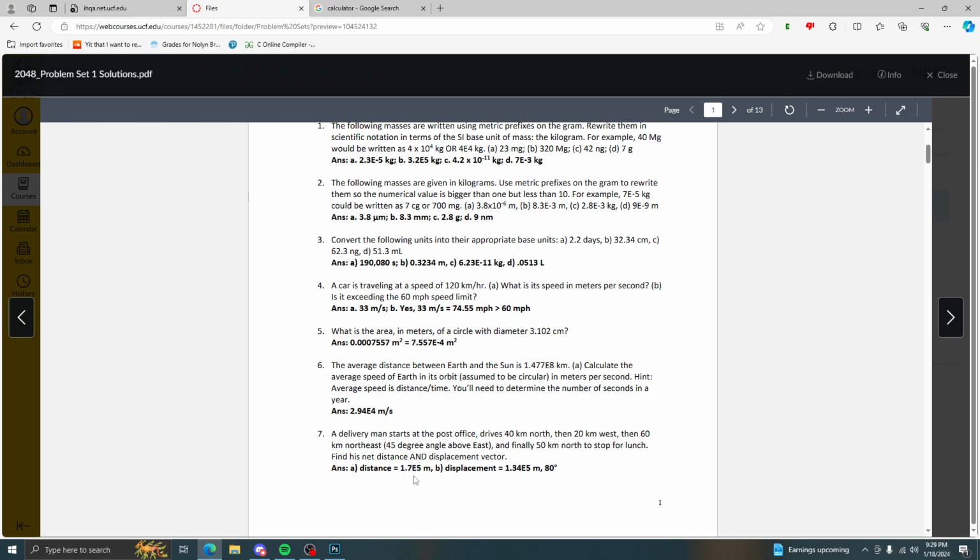And again, the answer is in meters. I don't know if that's what would be requested of us, but generally it'll be specified, or it'll be multiple choice, what unit you want to use, so that's fine.